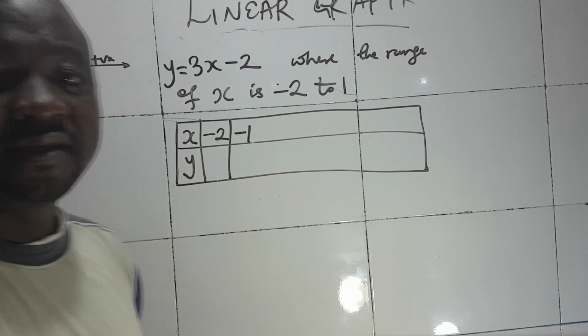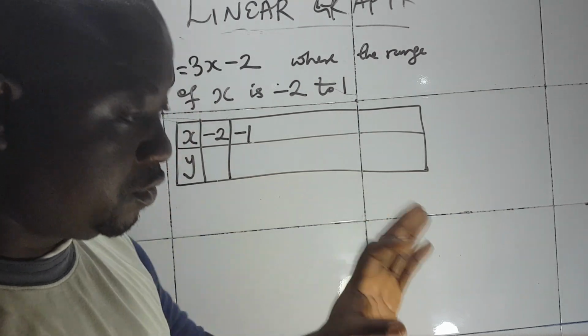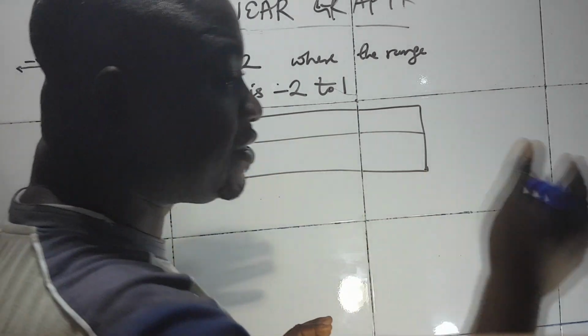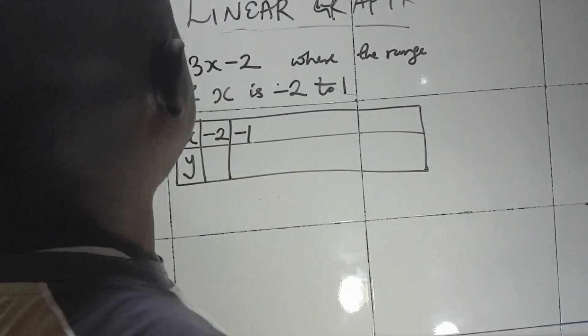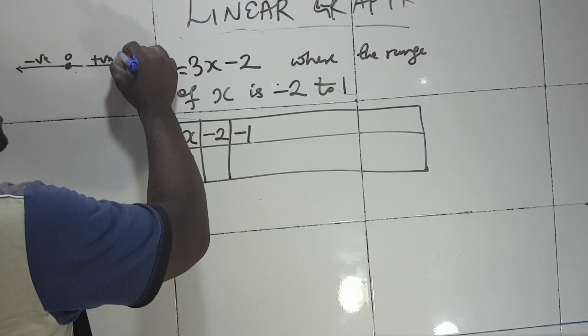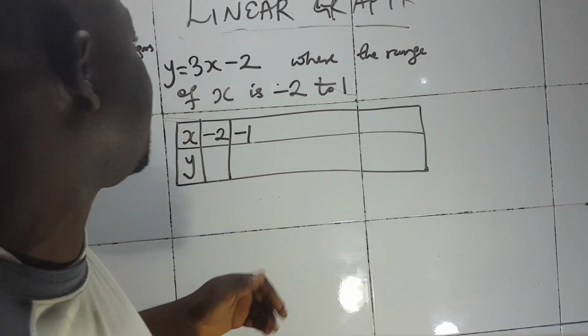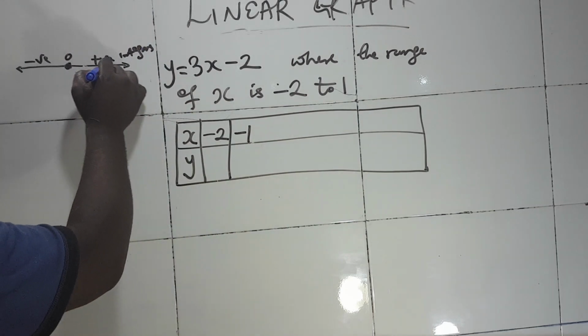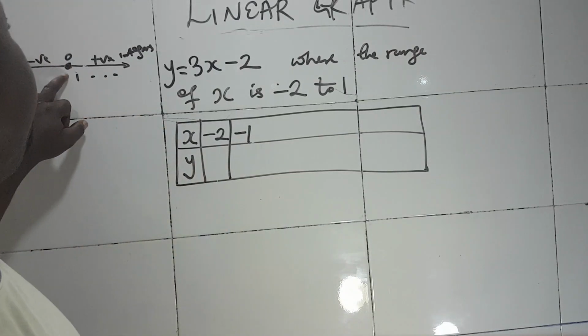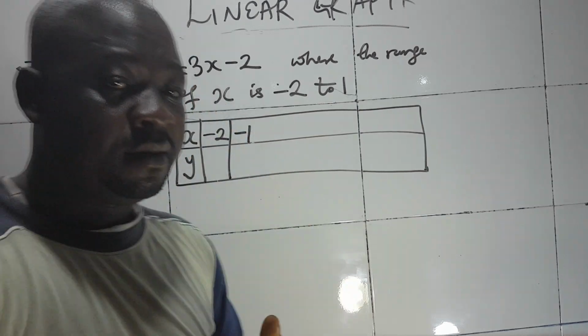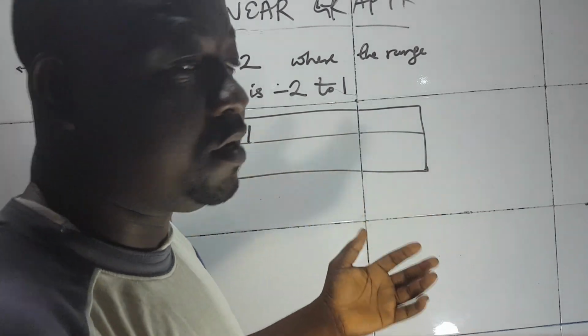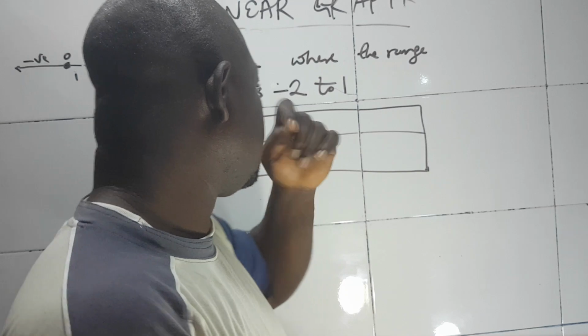There is nothing like negative 0 or positive 0. 0 is 0. But to the right side of the 0, you have positive integers. Your integer simply means number, positive number, starting from 1 down to infinity. 1, 2, 3, 4, 5, 6. Then if I say negative integer, I mean -1, -2, -3, -4, and so on.